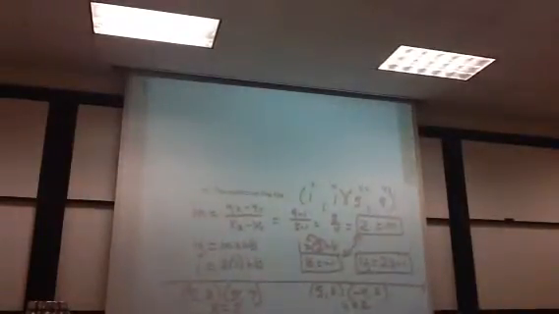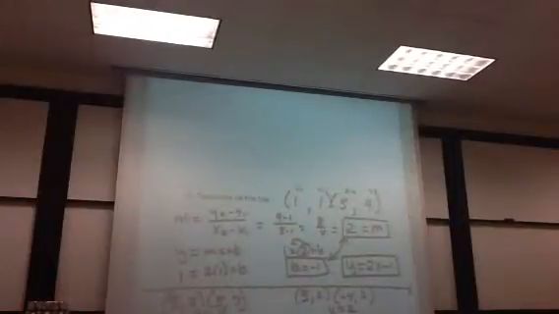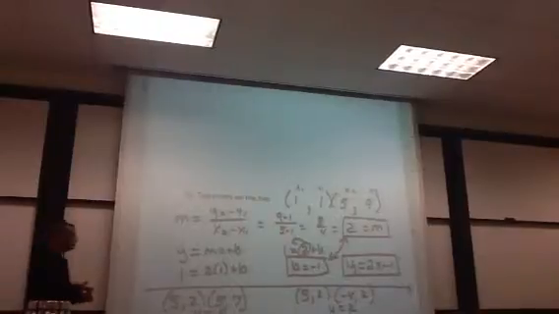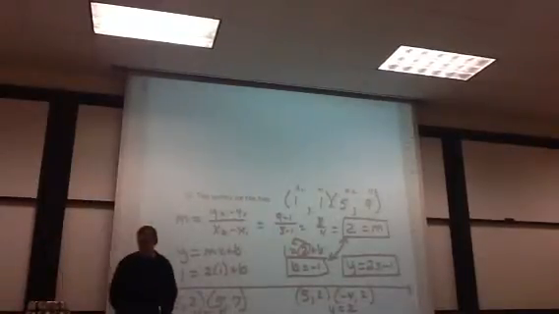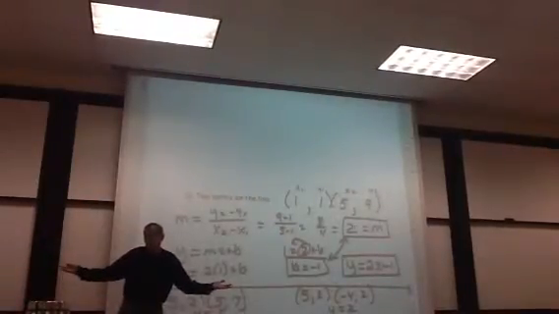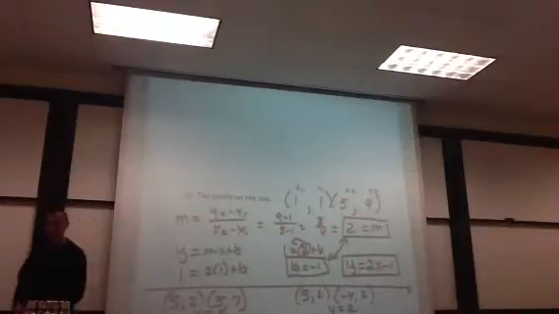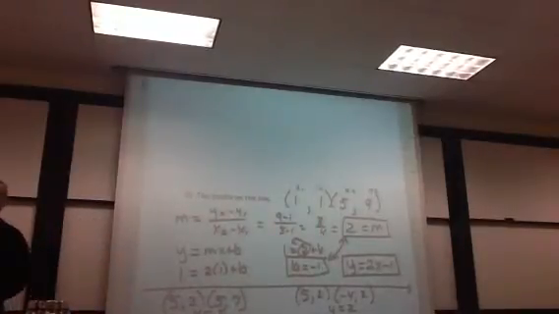The third scenario was I will give you 2 points on the line. And you saw immediately that if I'm given 2 points, a very obvious step to take is, hey, find the slope. We have a formula for the slope that involves 2 points. y minus y over x minus x, got my slope.